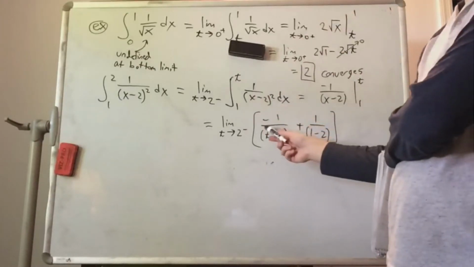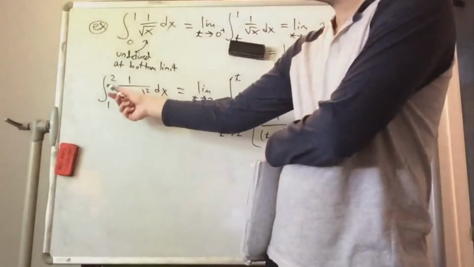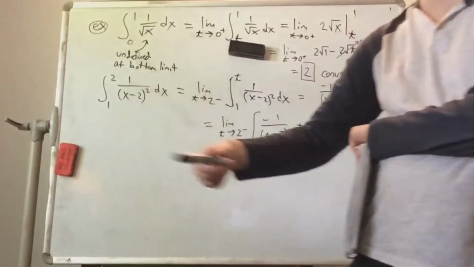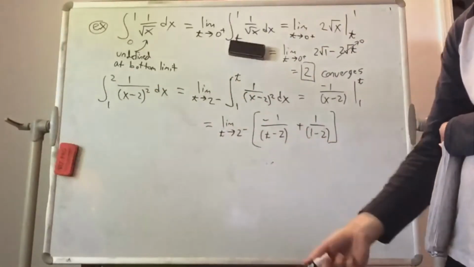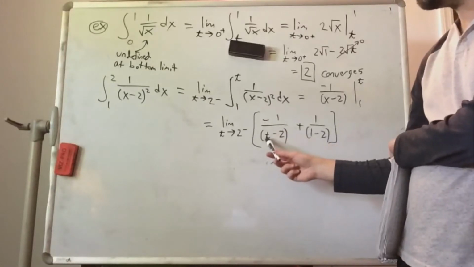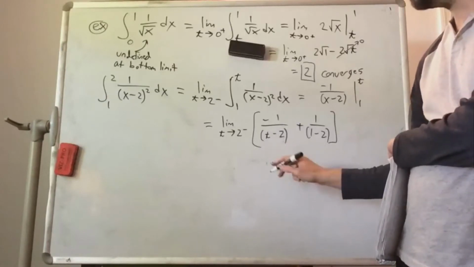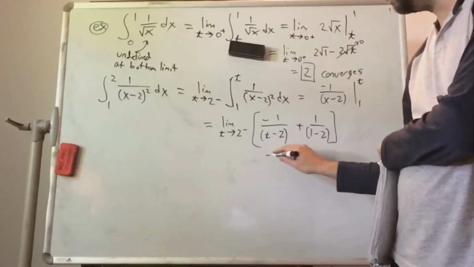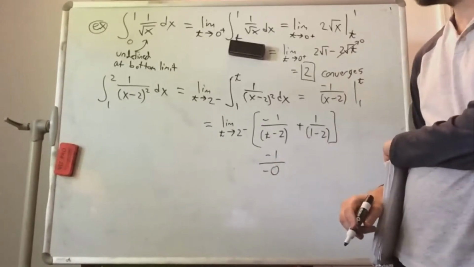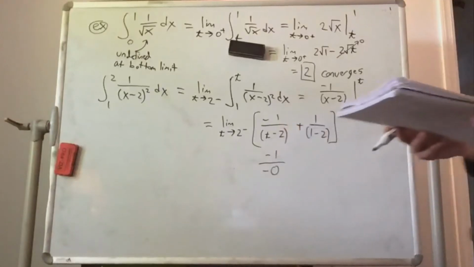So what does that mean for this denominator? As I'm approaching 2 from the left, I'm getting very close to 2, but numbers like 1.99, 1.999, 1.9999. So what does that leave me here? Something very close to 2, but a little less than 2, minus 2, gives me something like negative 1 over, I'm going to just put like a negative 0. Because it's going to 0, but it is a negative sign.